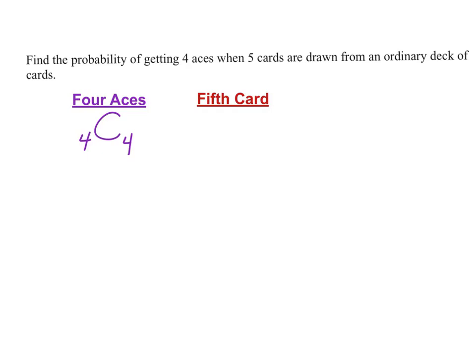So there are 48 cards as possibilities for the 5th card. In order to use combinations, what it would look like is this: a combination of 48 things to choose from, and I'm choosing 1 of them. The combination formula will give me 48.